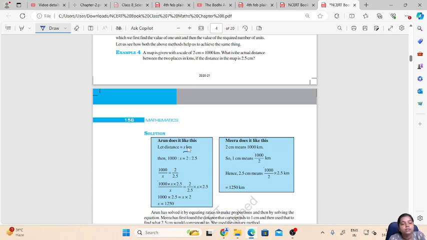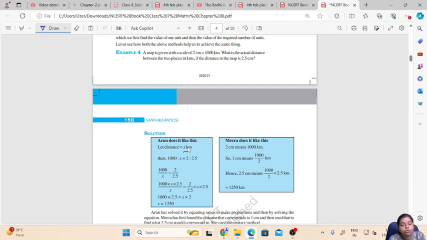Then what is given: 1000 kilometer is to x, because we don't know, we have to find, and 2 is to 2.5 centimeter, that distance they have given. So 1000 divided by x is equal to 2 divided by 2.5. Here, cross multiplication, 1000 into 2.5 is equal to 2 into x.